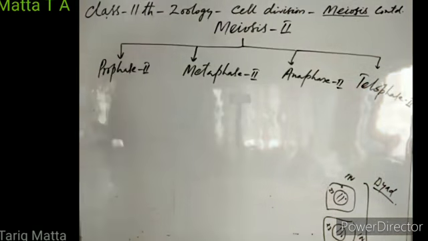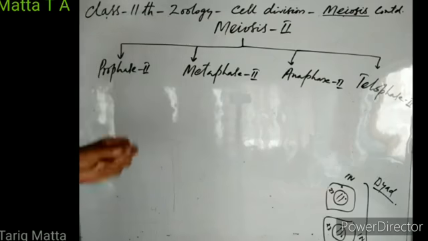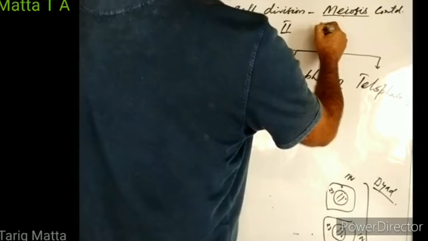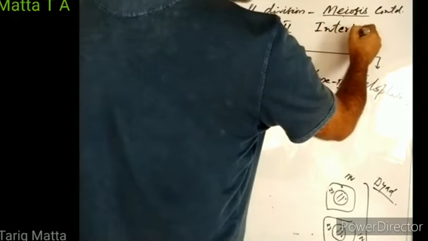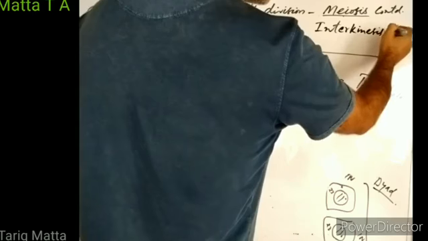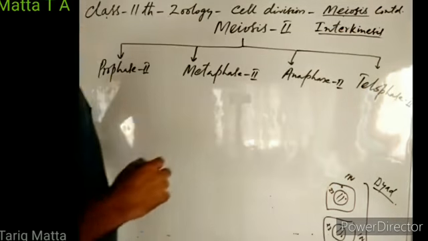But before entering from meiosis first into meiosis second, the cells take a brief rest, and that brief resting period is known as interkinesis, or we also call it intermitosis.